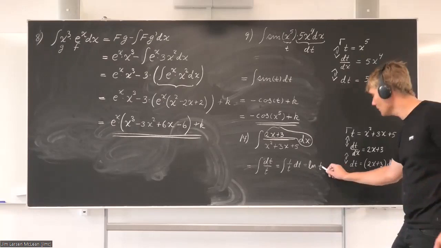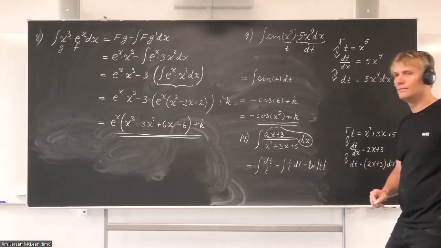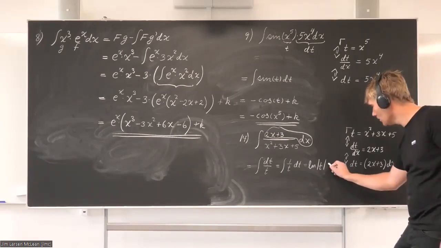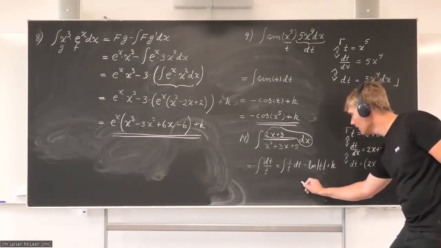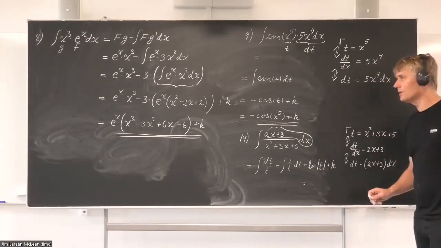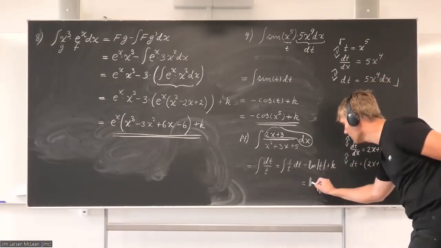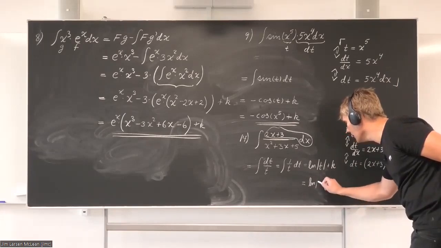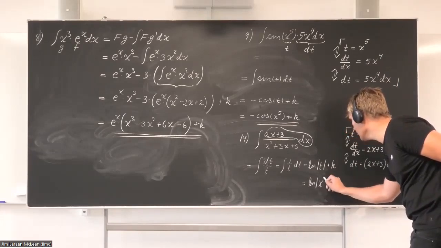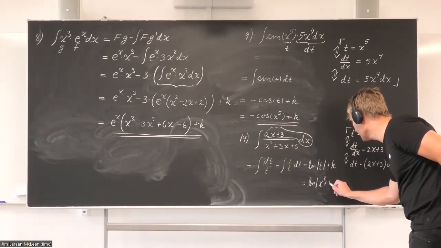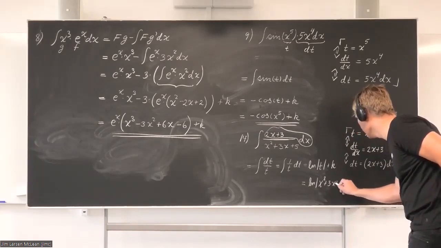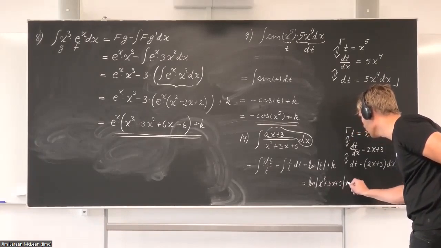Therefore, you need to put an absolute value sign around it. So you ensure you're not taking the ln of a negative, and then plus k. And now I can do a backward substitution and put x squared plus 3x plus 5 in where t goes. So it's ln of the absolute value of x squared plus 3x plus 5, plus k.